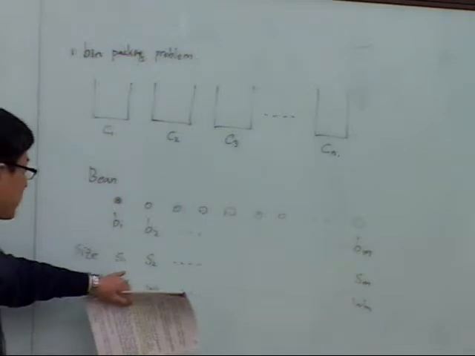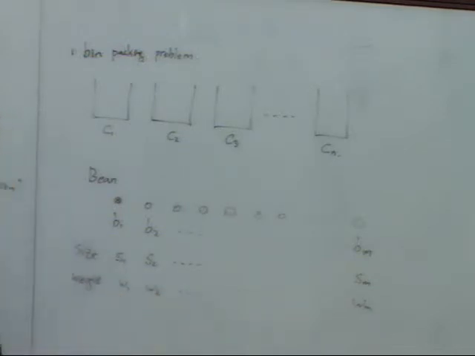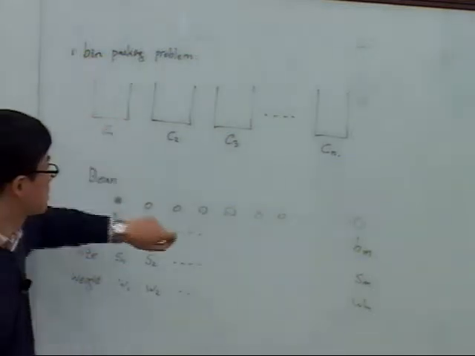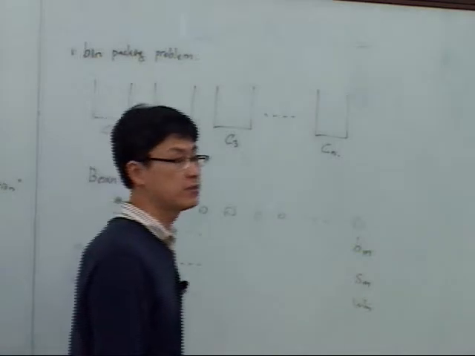So this Si and Wi can be an arbitrary number in a given range, right? Some beans can be very light, some very heavy, some very large, but some beans are very small. And we'd like to put these beans inside each can evenly.